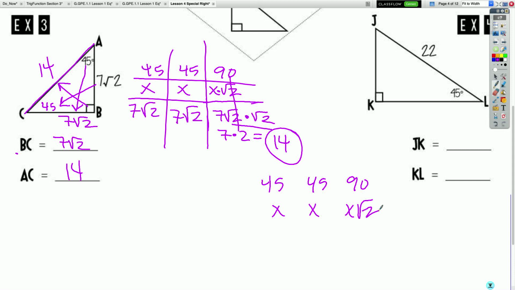So where would I put 22? Good. I just want to see that you plugged in the 22 in the correct spot. Good, Joseph.